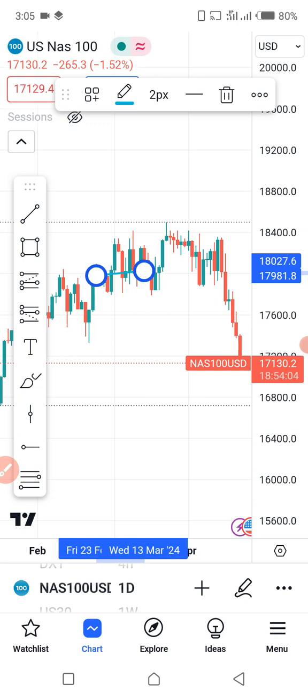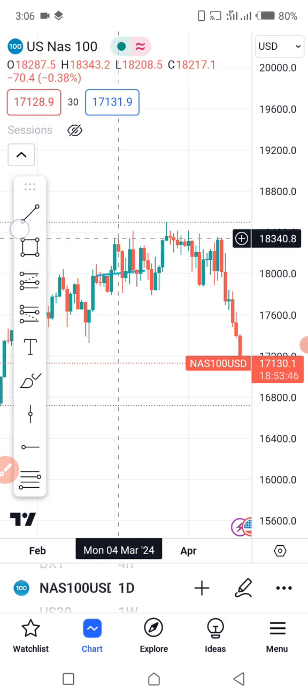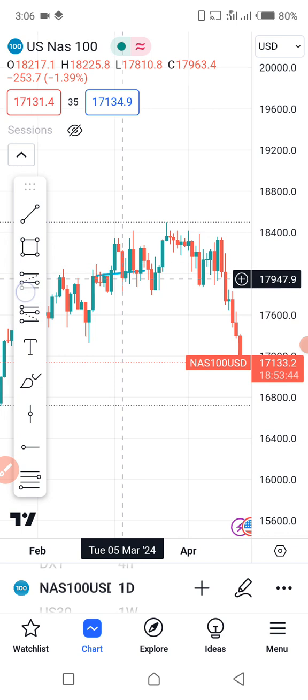No, you'll still be on the daily time frame, looking for the bearish premium PD Arrays on the daily time frame. As you can see, first of all, there is a fair value gap here, a fair value gap here, a fair value gap here. You can use it as your target.